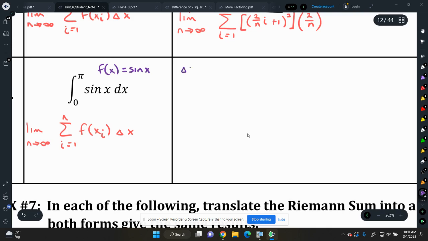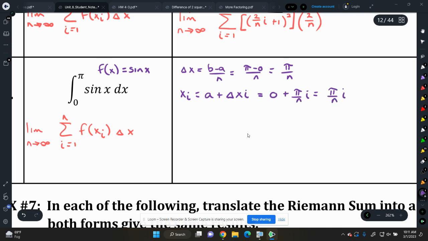So delta x equals b minus a over n, which is pi minus 0 over n, or just pi over n. So that's my delta x. X sub i is a plus delta x times i, which would be 0 plus pi over n times i. So we're just looking at pi over n times i.